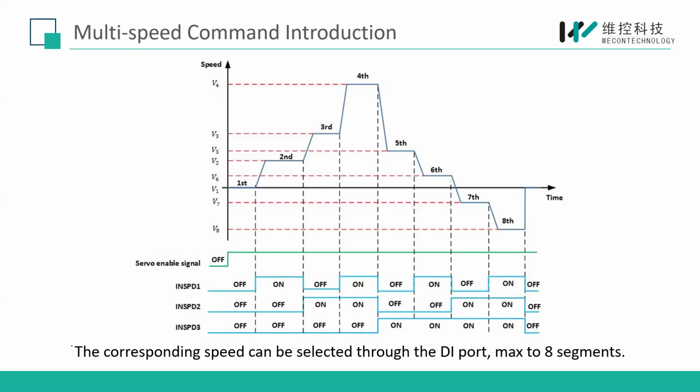Its max is 8 segments, and I will explain it later: how to set the DI terminal and how to change the states like this. So you can see this one means the first speed, and this means the second speed. So we can set different DI terminal states and use this to switch the speed.